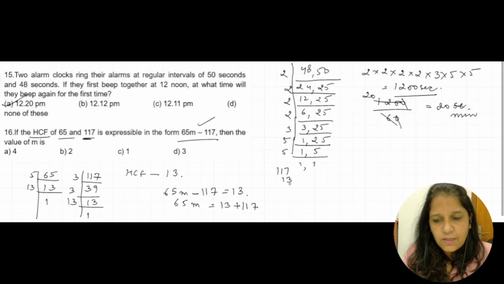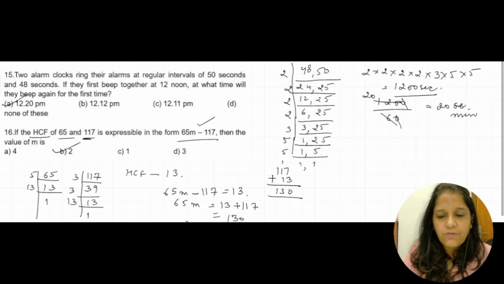So 117 plus 13 कितना आ गया 130. M is equal to 130 divided by 65. Answer कितना आ गया 2. So the value of M is 2.